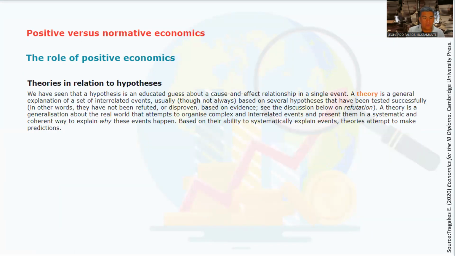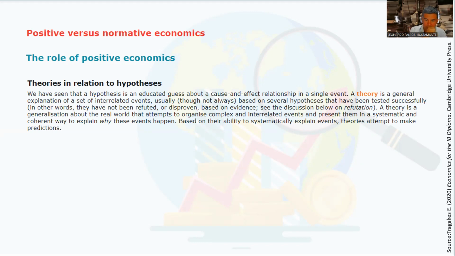Now, theories in relation to hypotheses. We have seen that a hypothesis is an educated guess about the cause and effect relationship in a single event. A theory is a general explanation of a set of interrelated events, usually, but not always, based on several hypotheses that we have tested successfully. In other words, they have not been refuted. They have not been disproven based on evidence.